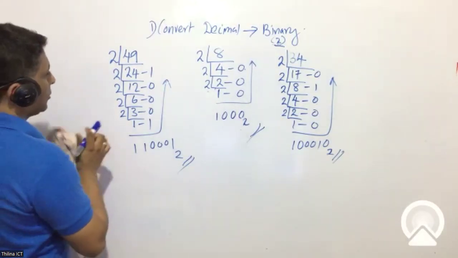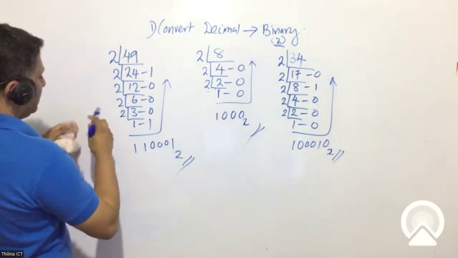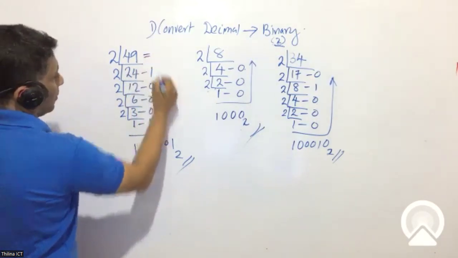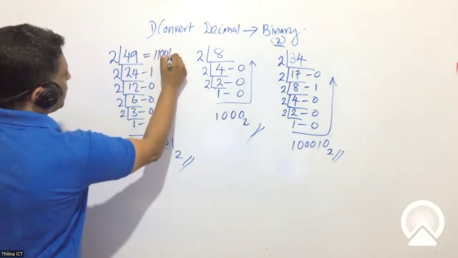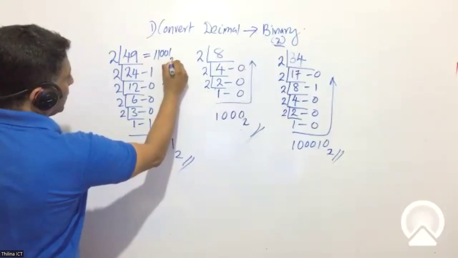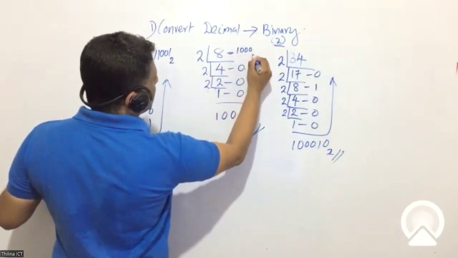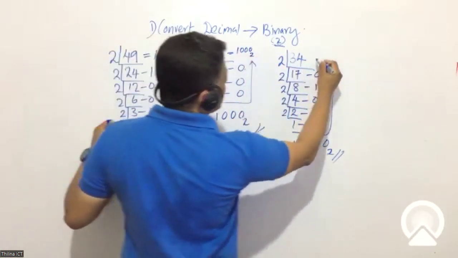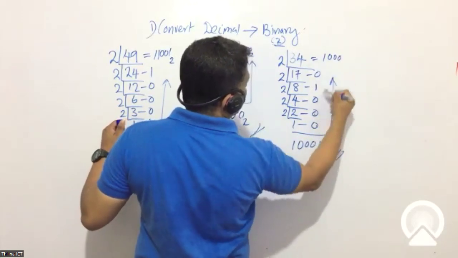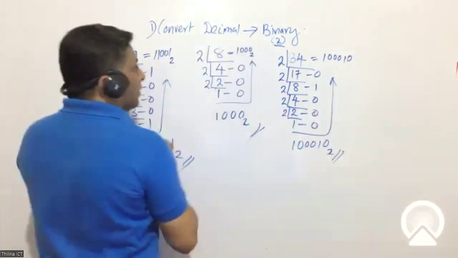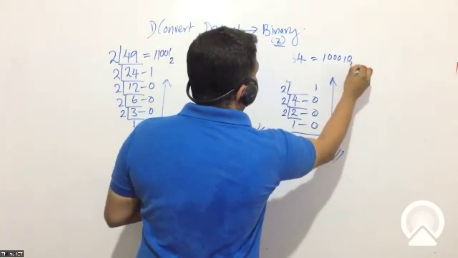So I will erase this one. 49 equals 110001, base 2. 8 equals 1000. 34 equals 100010, base 2.